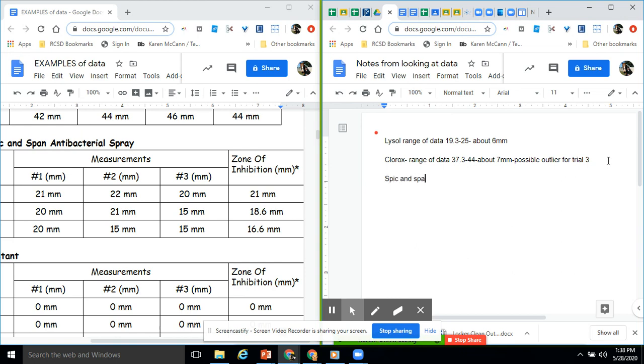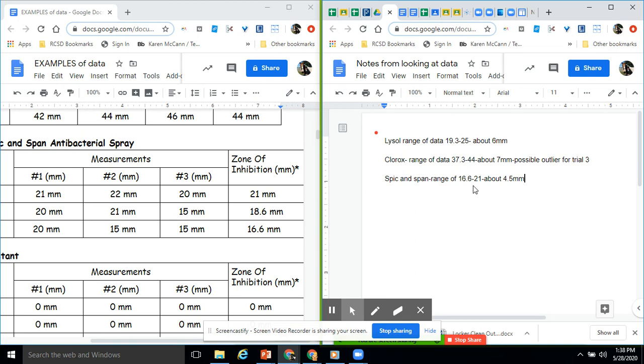Spic and Span has a range of 16.6 to 21, which is about, I'm just doing general math, guys, let's round that up to 17. So that's about a 4.5 millimeter difference.